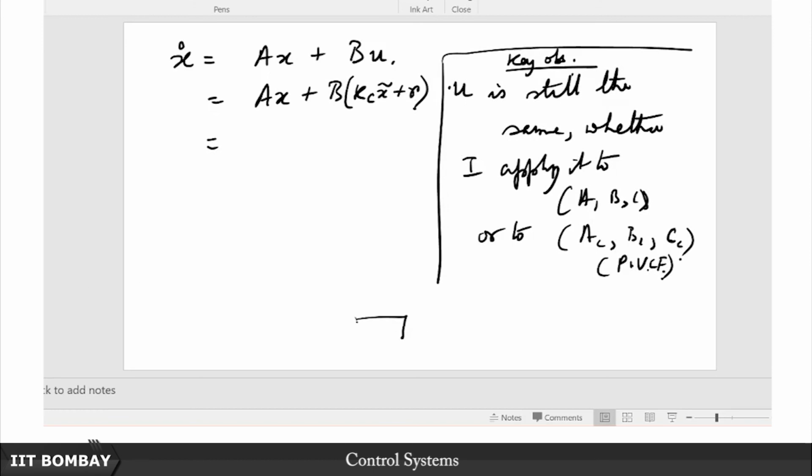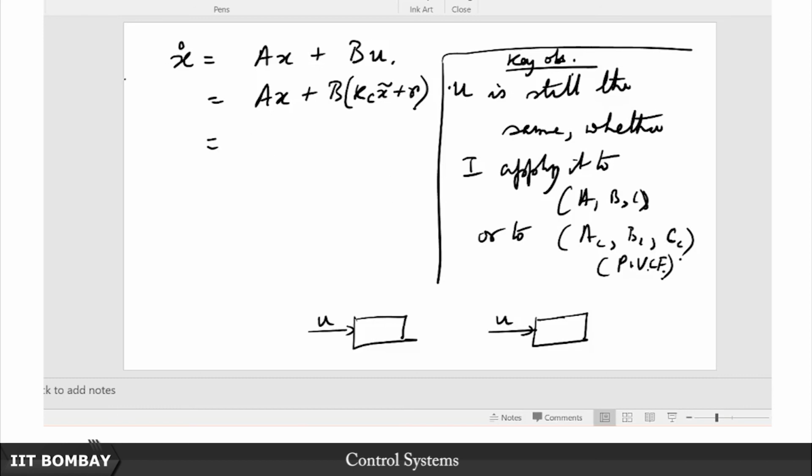After all, this is some system, you are applying some u here through some control action, and this is that same system, leading to the same transfer function, and you are applying the same u. So whether you apply the u in terms of x tilde or in terms of x, they had better be equal, otherwise the control action will be applied differently to the same system.